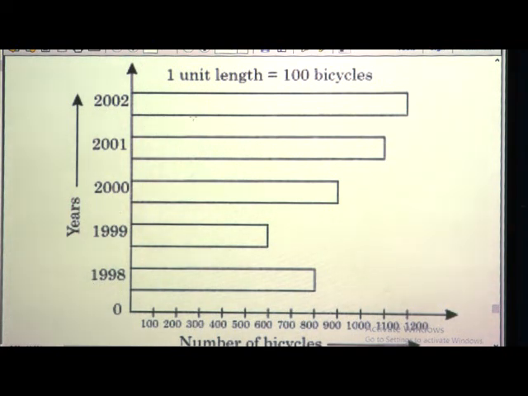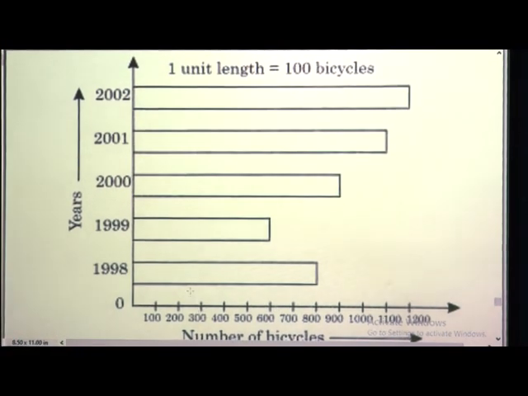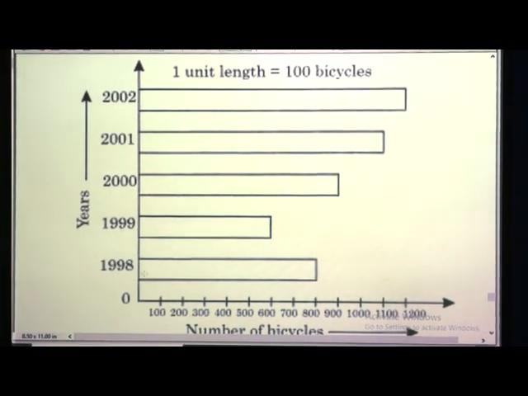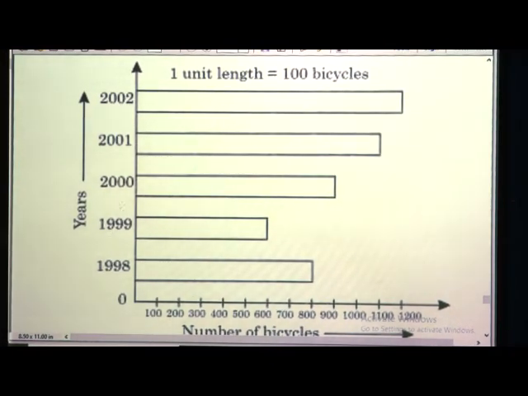Let us see. We have taken 1 unit length equal to 100 bicycles. So, the scale is 100, 200, 300, 400, 500, 600, 700, and here the years 1998, 1999, 2000, 2001, 2002.